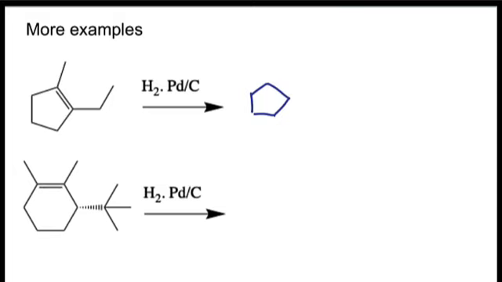So with the next one, we've got a 5-membered ring, and we know that the hydrogen atoms are going to add across on the same face, syn addition. So in this case, that's going to dictate that the methyl and the ethyl are on dash, but with equal likelihood, because this structure is flat, it could approach the palladium over carbon from the opposite face, right?